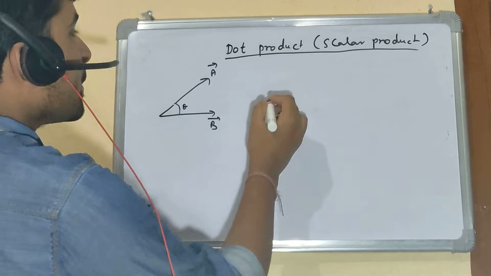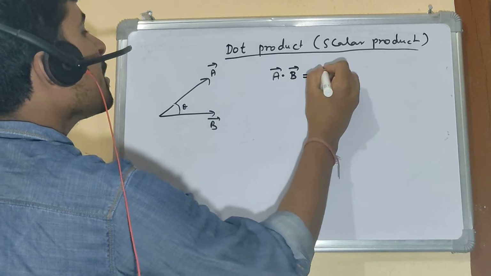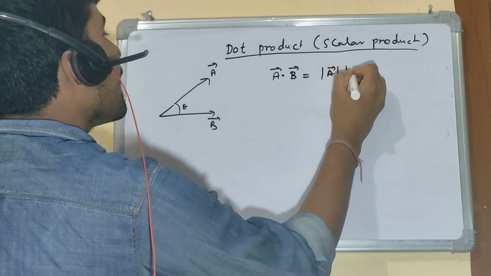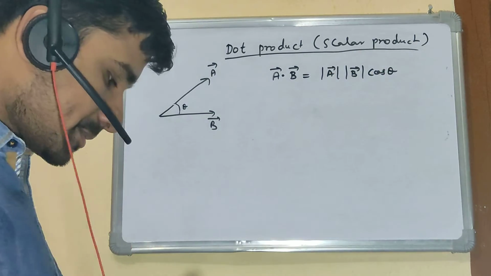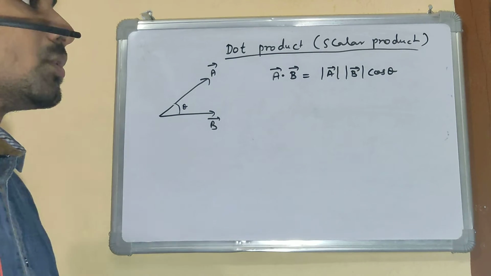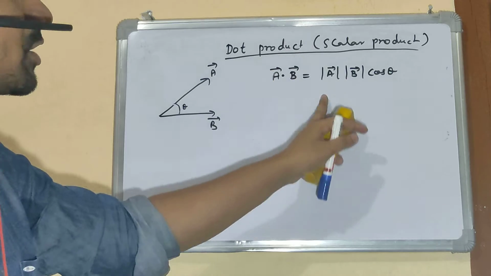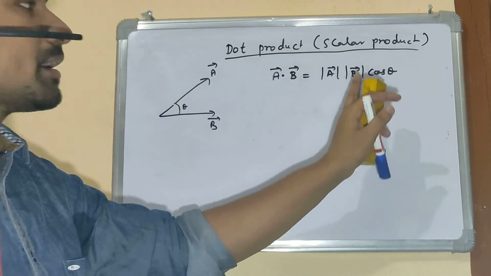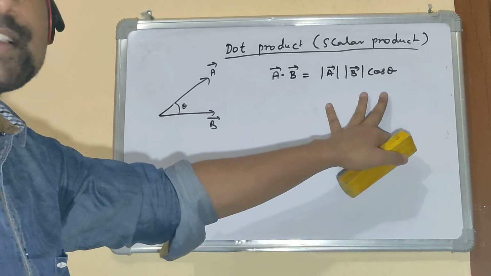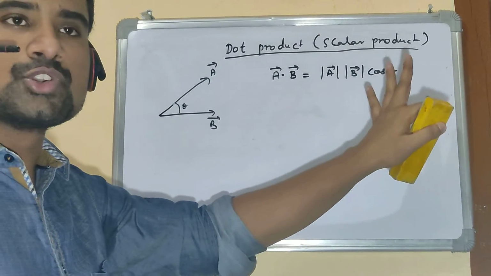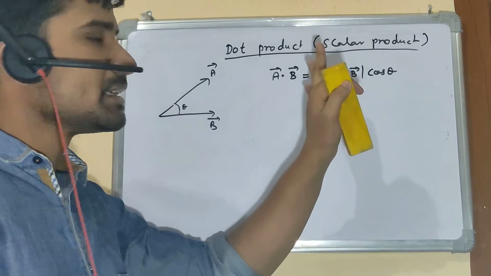So by definition, dot product of A and B, A dot B, will be given by magnitude of A vector, magnitude of B vector, cos of angle between them, right? You see that this is a scalar result. There is no direction, there is no unit vector, there is no vector symbol, anything in the RHS side. This is a scalar result, right?